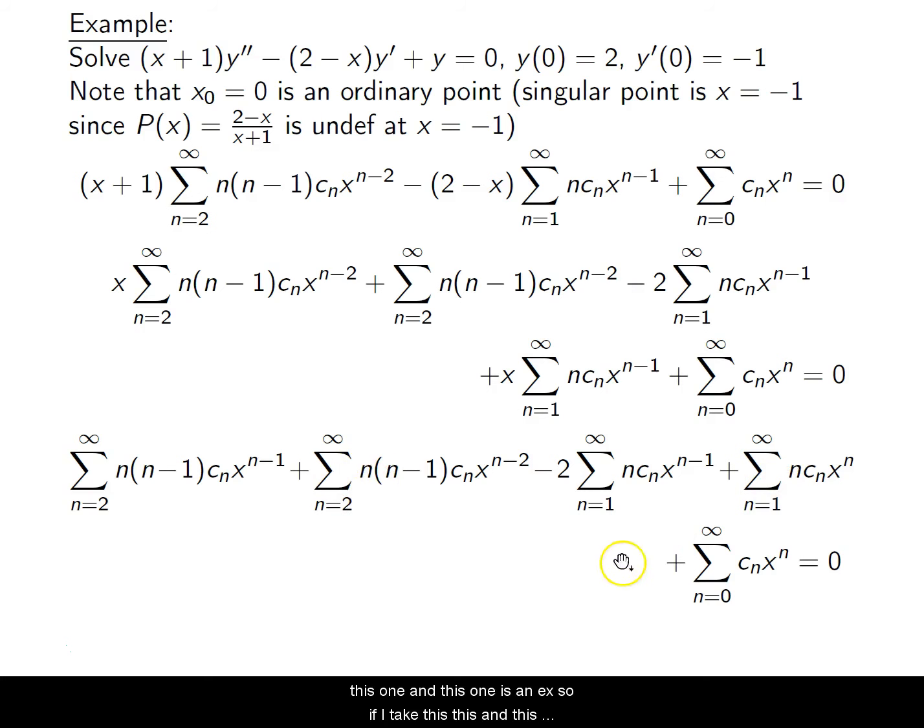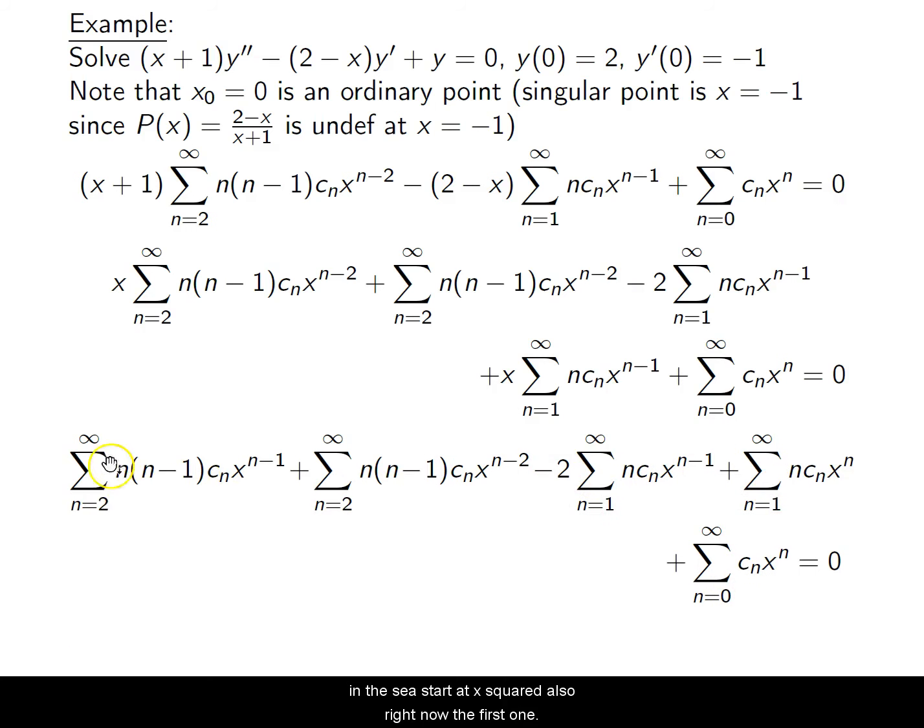So if I take this, this, and this, because they all start at x to the 0 power, if I pull out one from here, one from here, one from here, then everything will start at x to the first power. Again, I'm finding whichever one has the highest. For instance, if this started at x squared, I'd try to get all of these so that their indices start at x squared also.